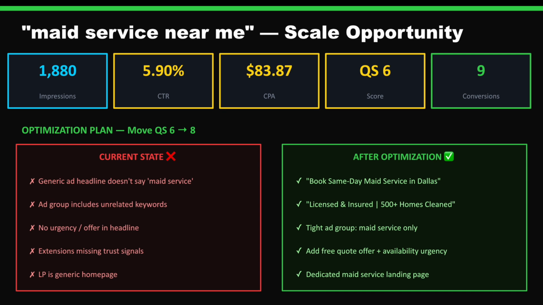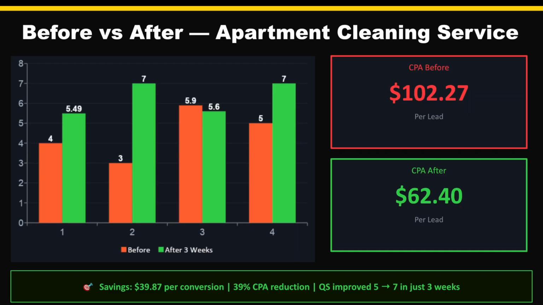So the result: quality score moves from 6 to 8, CPA drops, conversion increases, and this keyword can now be scaled with confidence. This is how you grow a campaign, not by spending more, but by making what you already have work better.